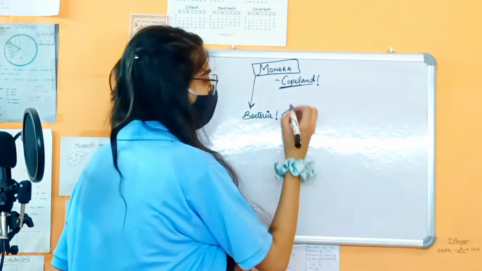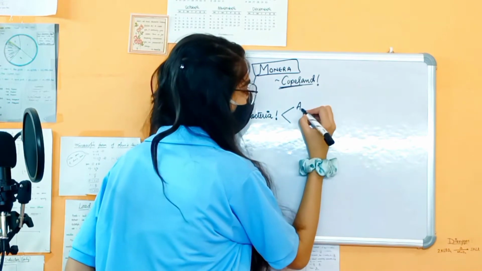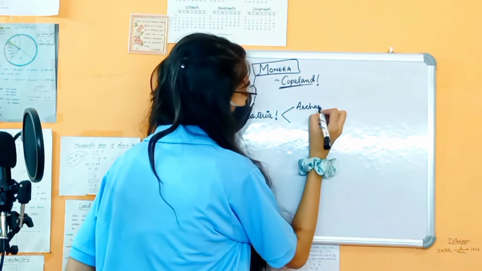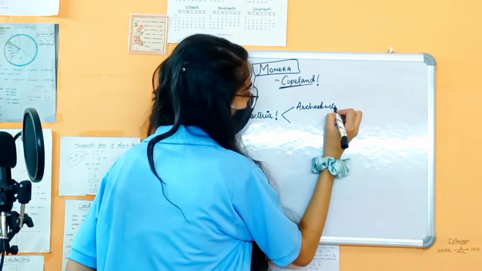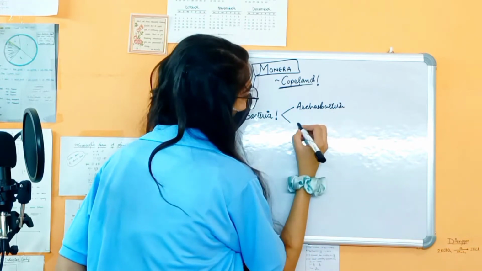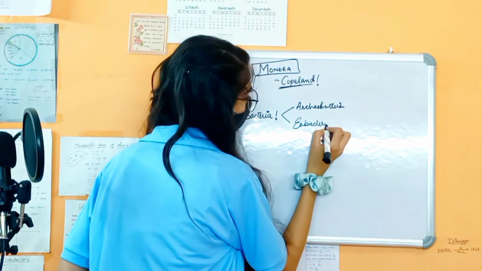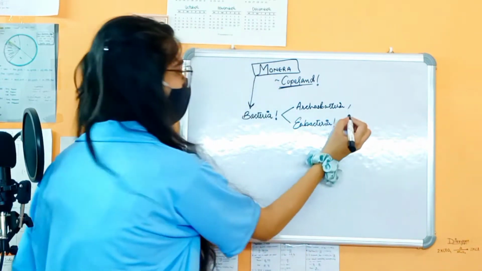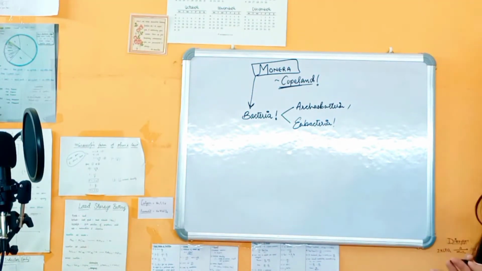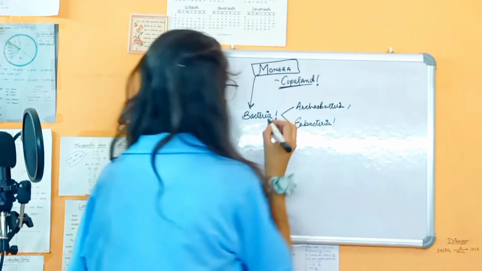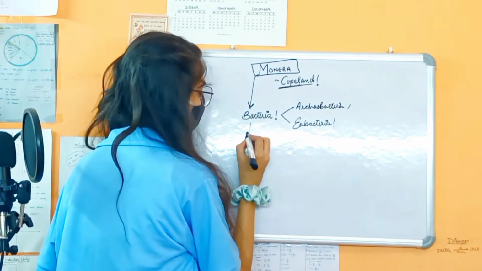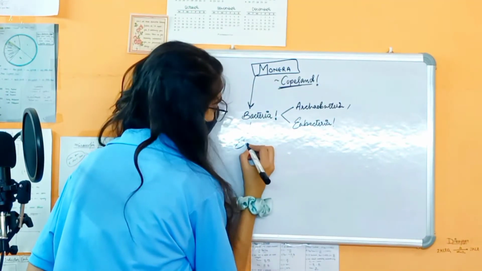These are archaebacteria and eubacteria. The division of bacteria is into archaebacteria and eubacteria. These bacteria are ubiquitous.